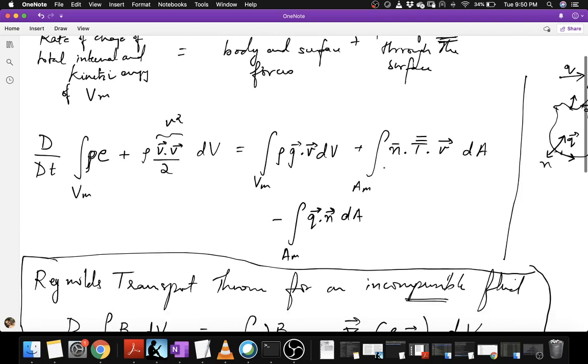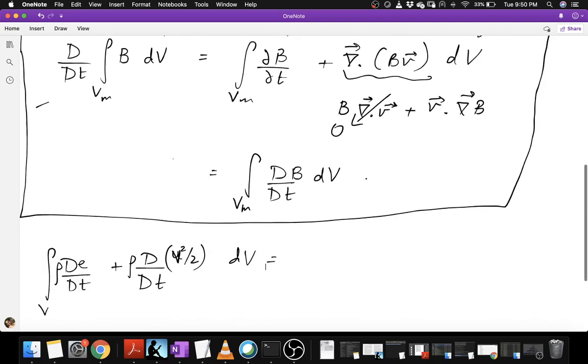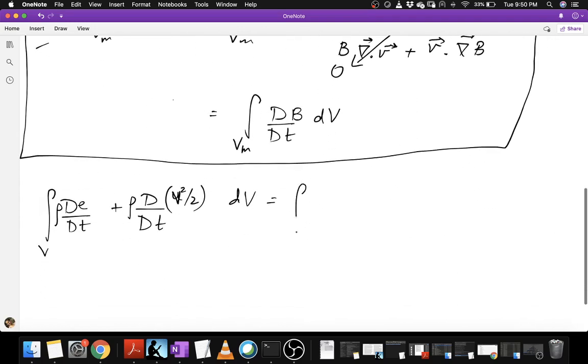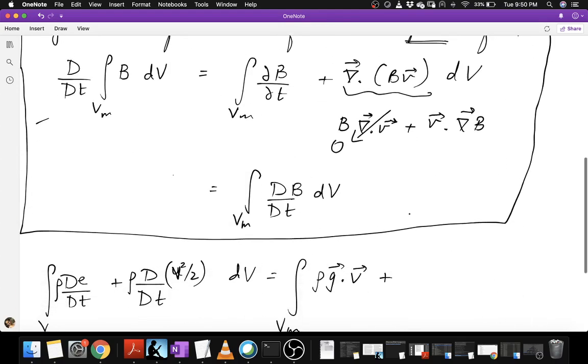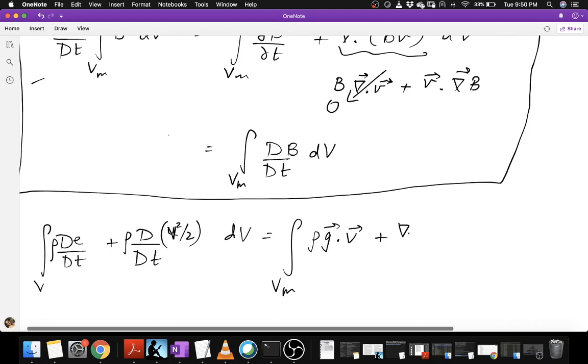And now we can use a divergence theorem on these two surface integrals on the right hand side to get another volume integral. So we'll have rho g dot v plus, now here we have the divergence of T dot v, minus the divergence of the heat flux vector.